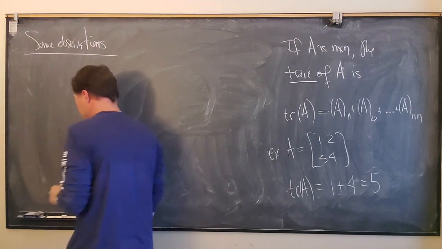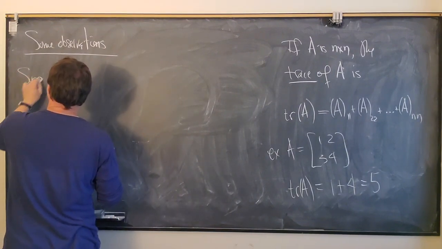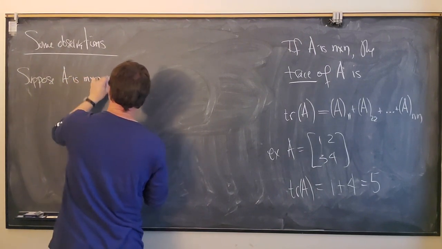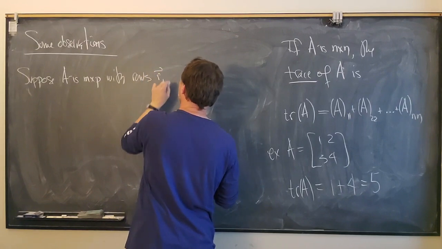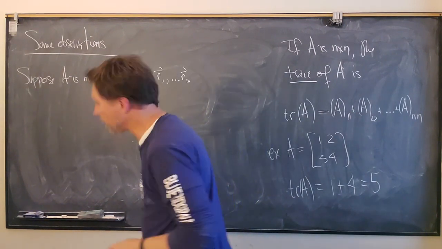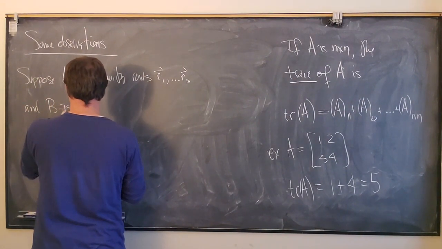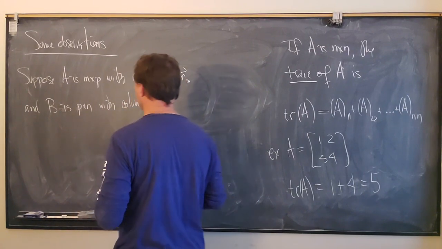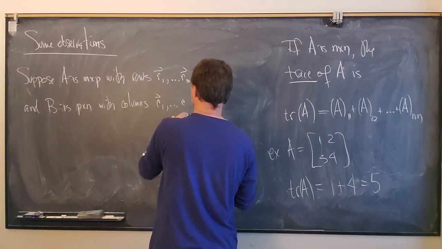Suppose A is m by p with rows R1 up through R sub m, and B is p by n with columns C1 up through C sub n.